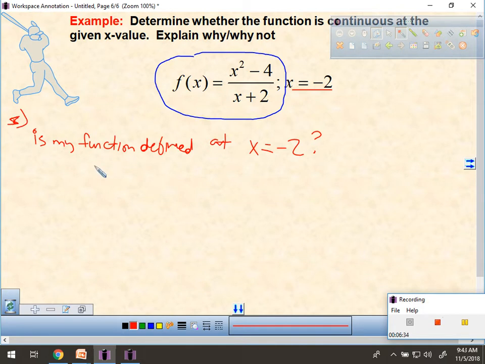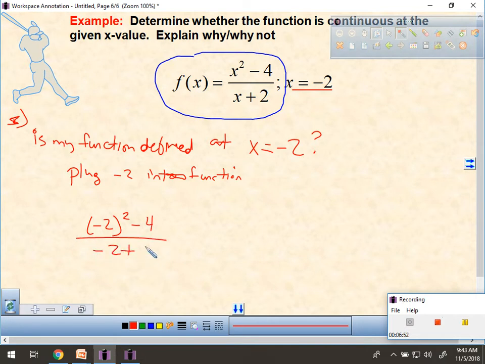Well, how do I test that? All you're going to do is plug -2 into your function. And so here's what I'd have: -2 squared minus 4 over -2 plus 2. Well, go ahead and look in the denominator, guys. What's this going to give me right there? 0. What's that called? Undefined.